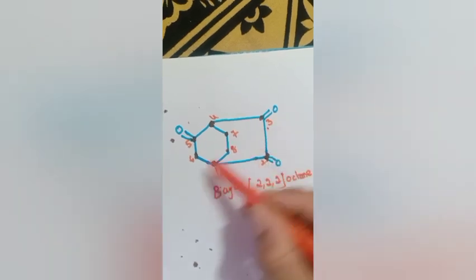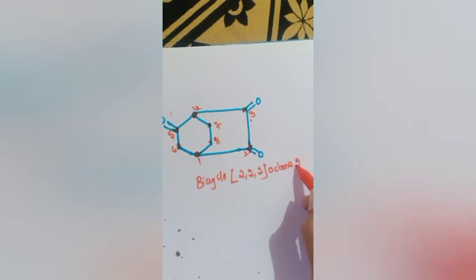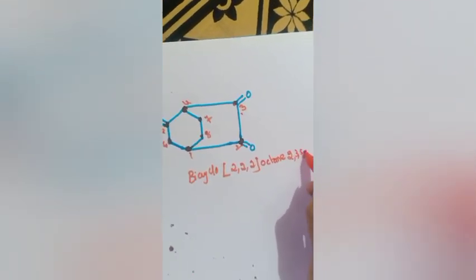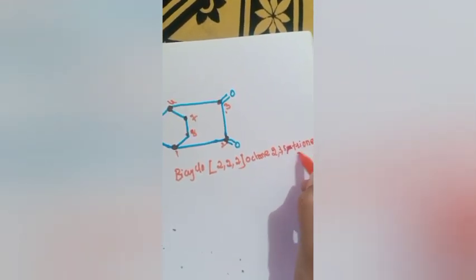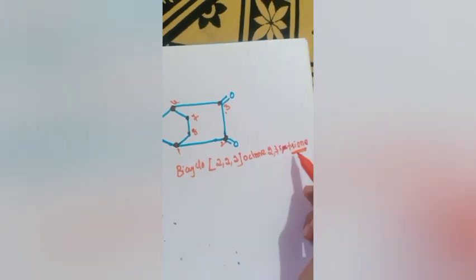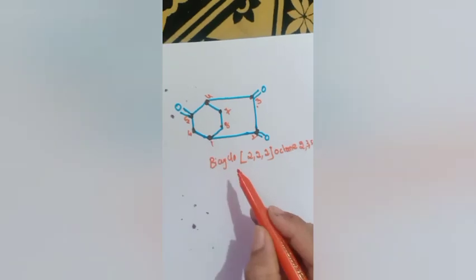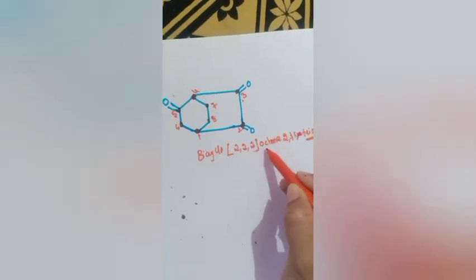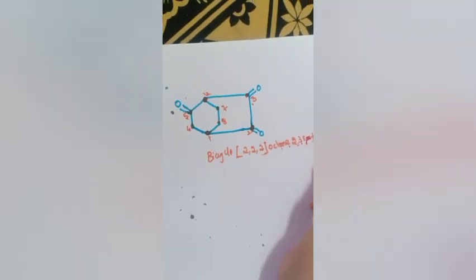Second position, third position and fifth position. So we give 2, 3, 5. There are 3 ketone groups, so we give trione. So the name of this compound is bicyclo 2, 2, 2 octane 2, 3, 5 trione.